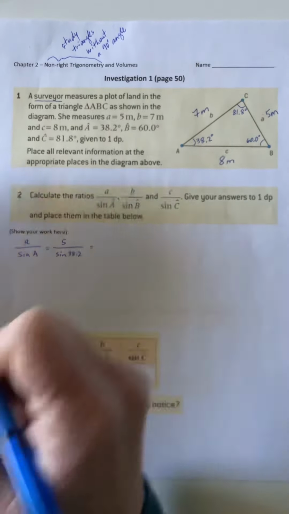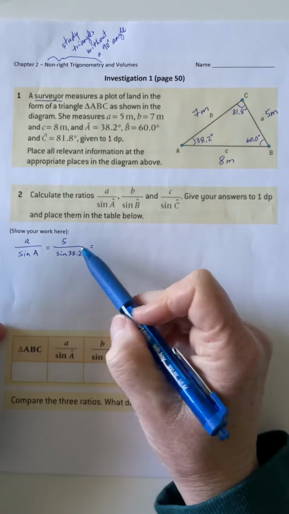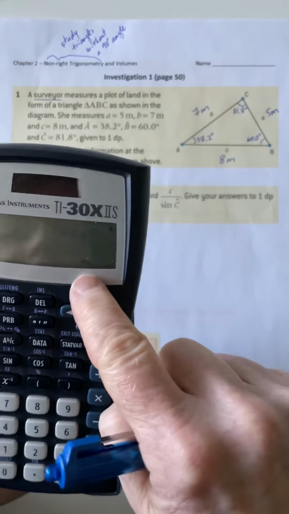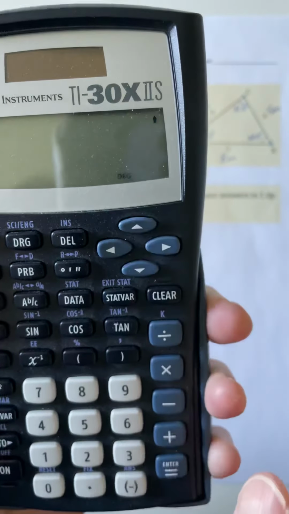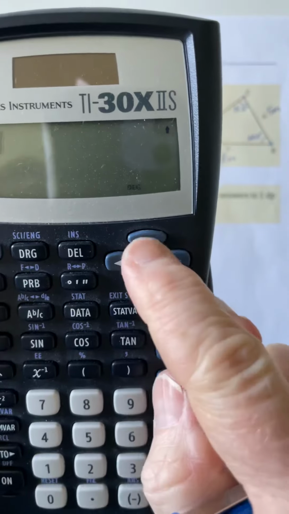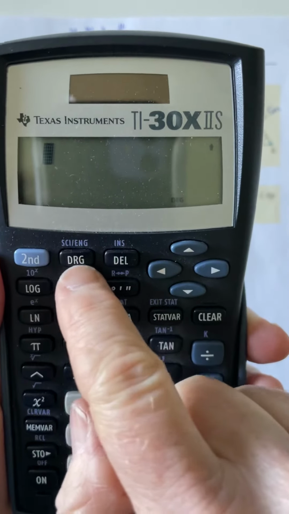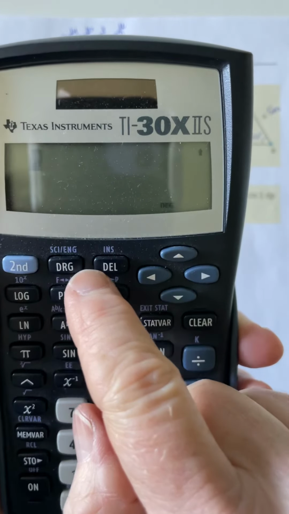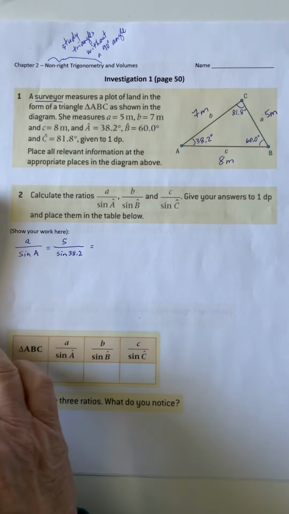Okay, so we get our calculator out and we make sure, since we're using angles in degrees, that we are in degree mode. You can see there on my calculator, DEG means I'm in degree mode. If your calculator says RAD or GRAD, then you need to go to your DRG button and change it to degree. Okay, all right, so we're dealing with angles here.